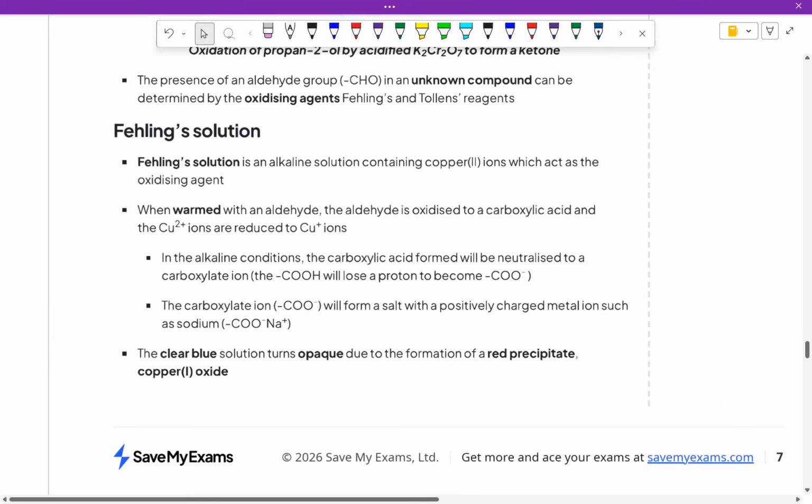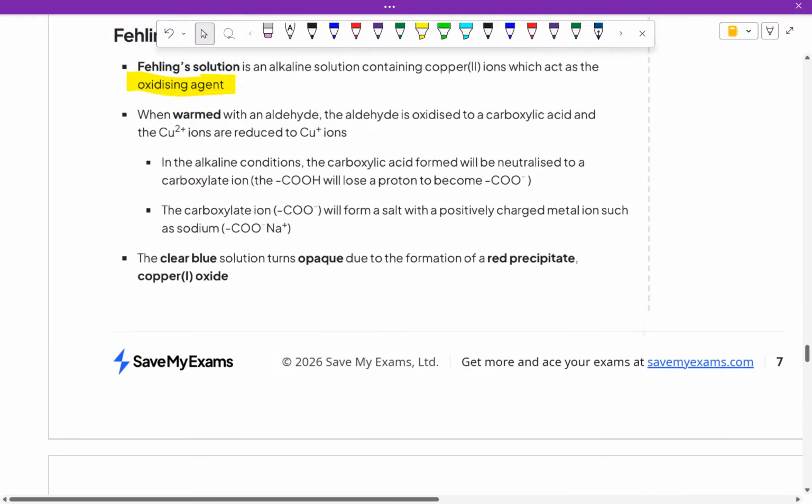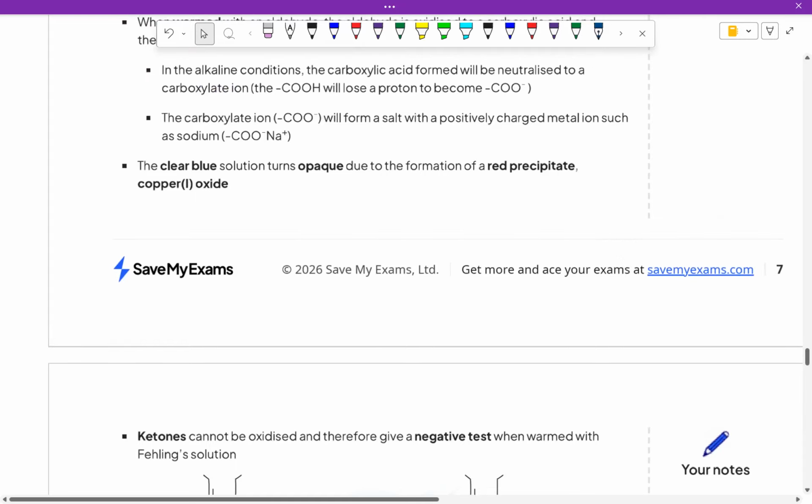We will learn about Fehling's solution. Fehling's solution is an alkali solution containing copper, so it's actually an oxidizing agent. What does that mean?